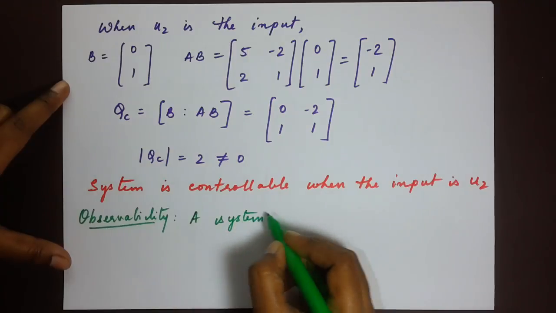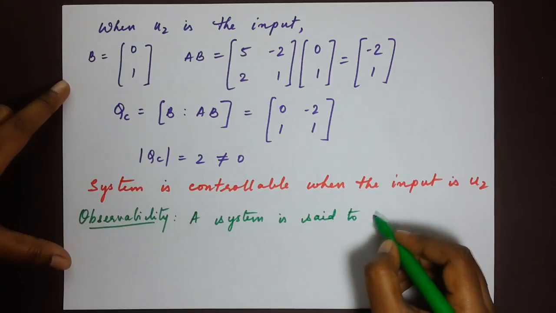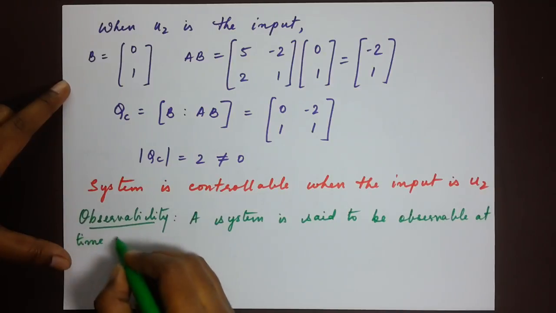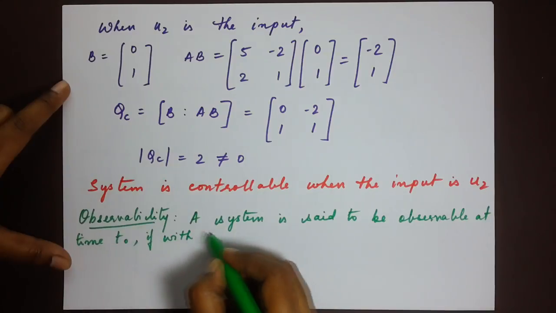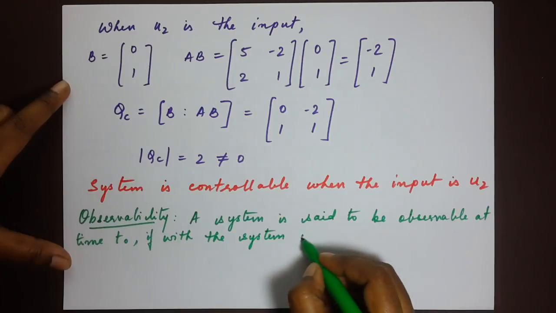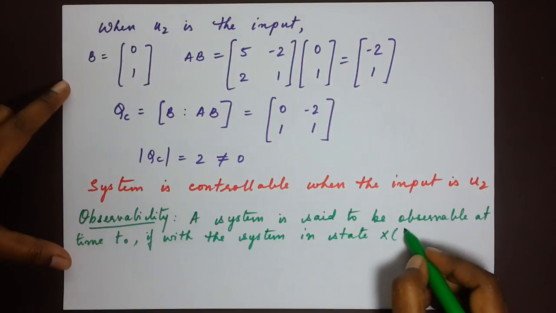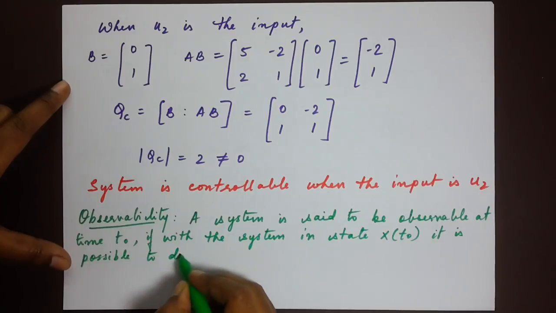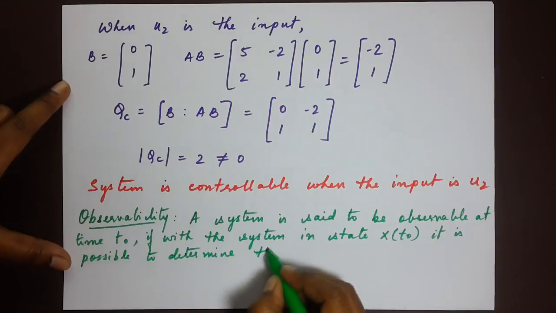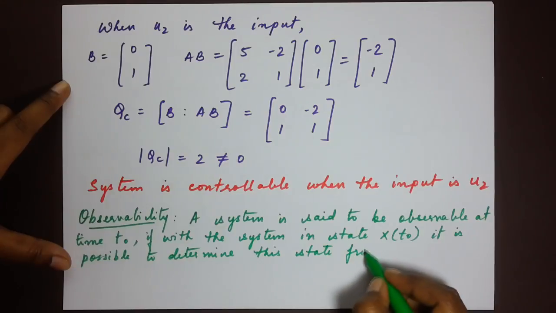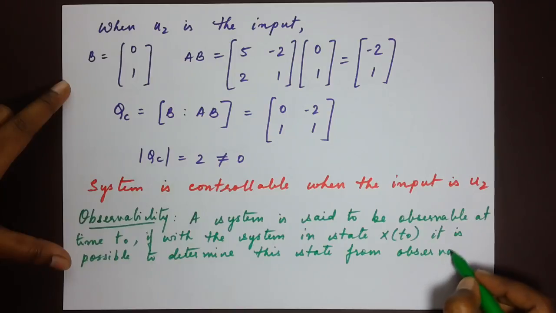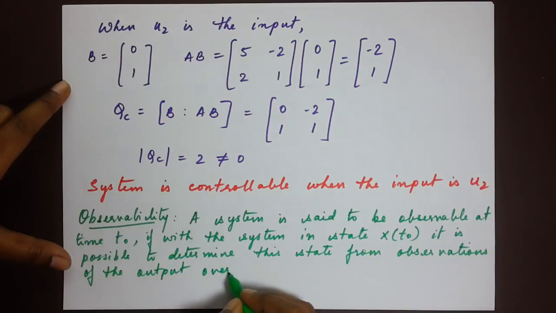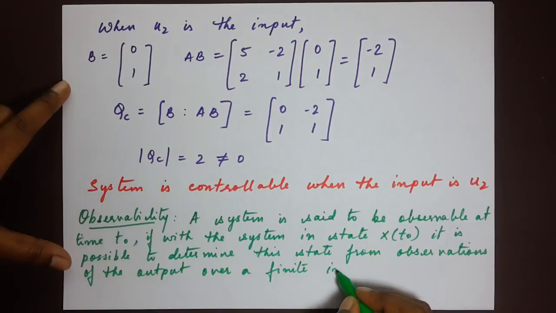A system is said to be observable at time t0 if, with the system in a certain state, let's say x of t0, it is possible to determine this state from observations of the output over a finite interval of time.